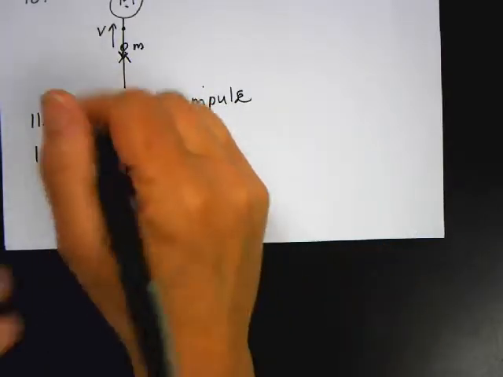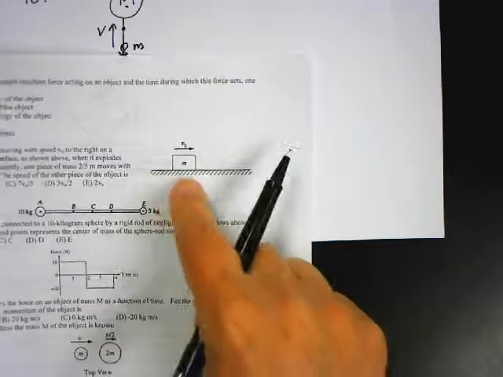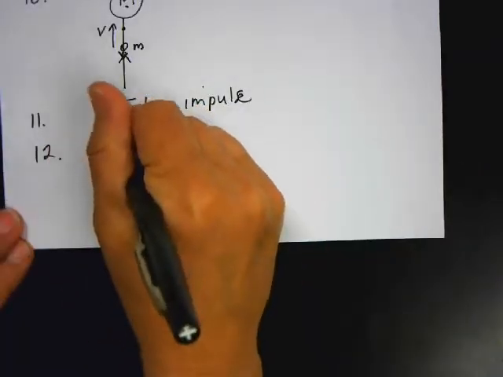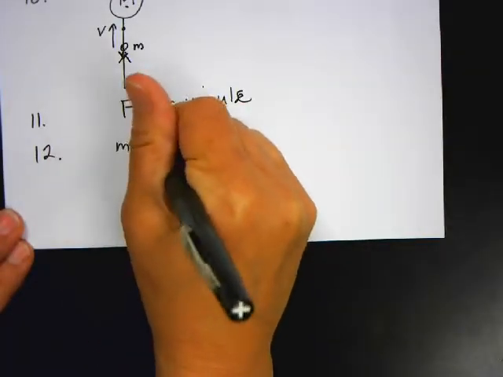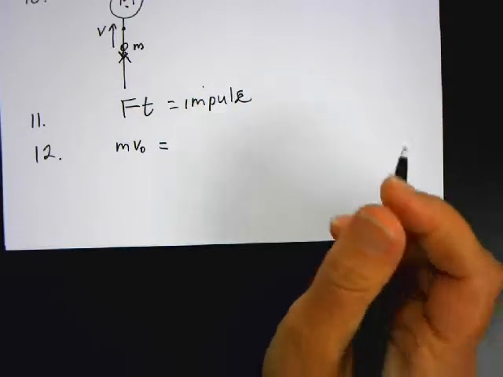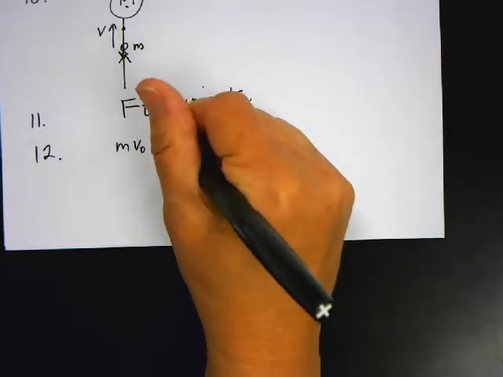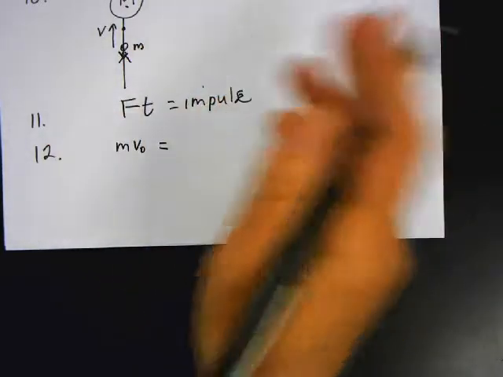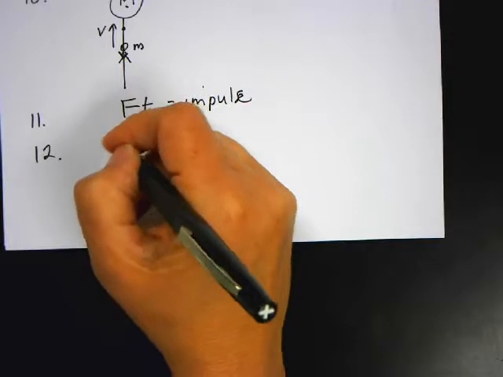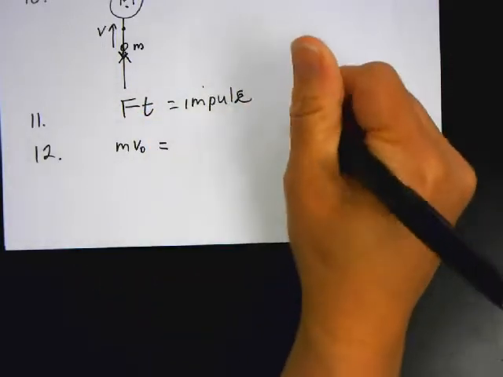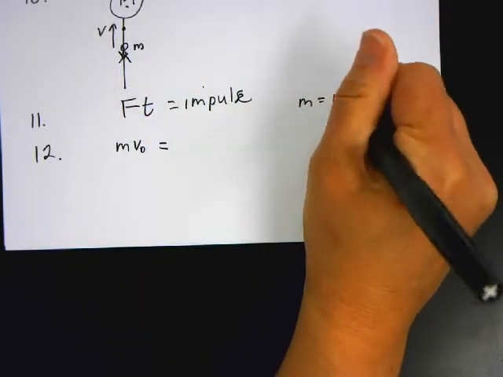The total momentum before is just this little box, which is m v naught. Now it's going to split into pieces. So after, let's say the pieces are m1 and m2. So this is the total m, and total m is equal to m1 plus m2.